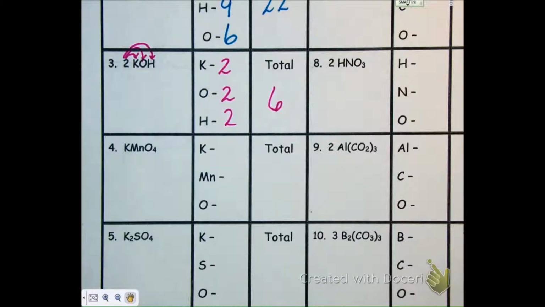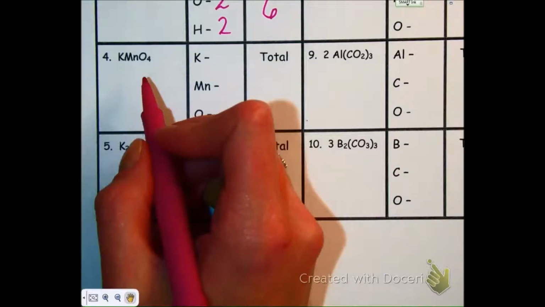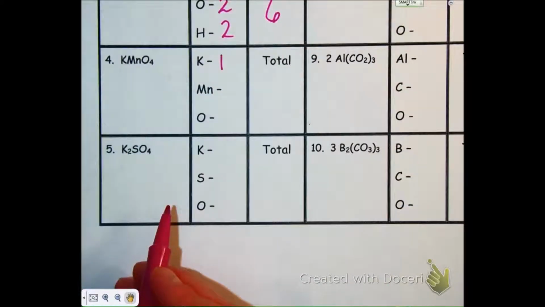All right, number 4. Mark, will you talk us through how you completed number 4? Potassium is just itself, so it has 1. Manganese, 1. Oxygen, there are 4 of them.